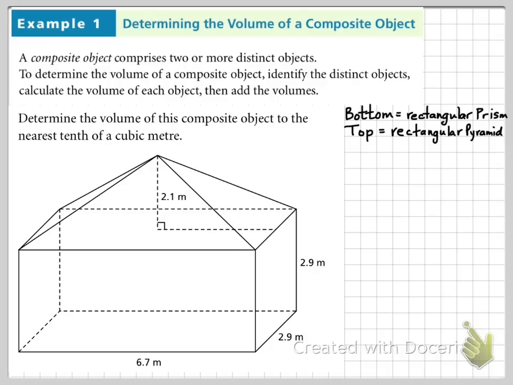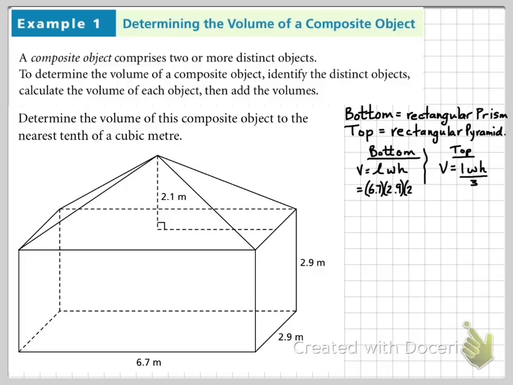So what we're going to do is find the volume of each separate part, the bottom and the top, and add the two volumes together to get the total volume of the composite object. The bottom is going to be length times width for the base times the height, and the top is going to be length times the width times the height divided by 3.